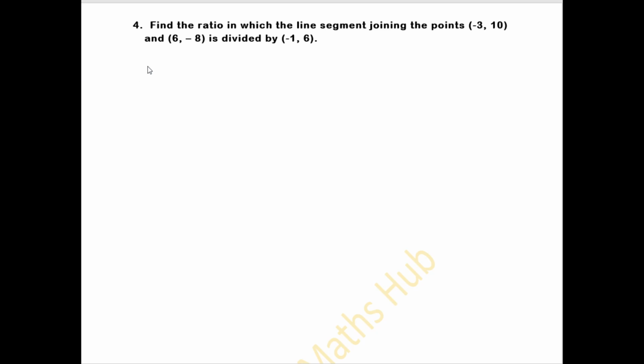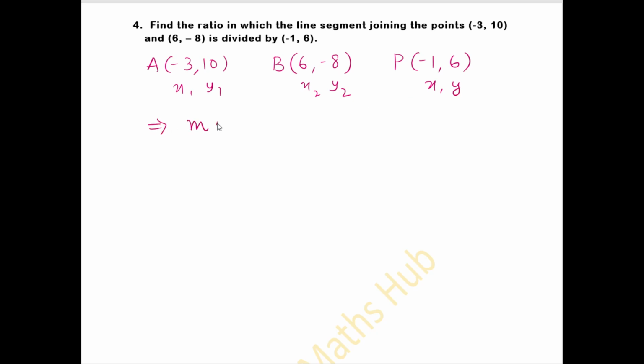They're given the point A as minus 3 comma 10 and point B as 6 comma minus 8 and point P as minus 1 comma 6, that is x1 y1, x2 y2 and x comma y. What we should find out? We should find out the ratio m:n.